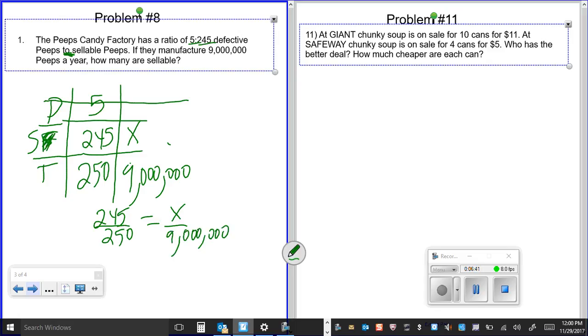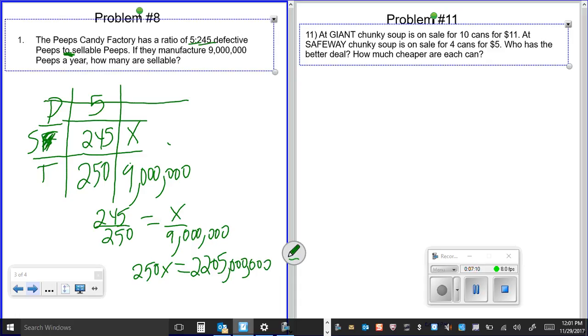What is our X? We do X times 250, which gives us 250X. And that is going to equal 245 times 9 million. That's 6 zeros, 1, 2, 3, 4, 5, 6. That's equal to 2205 followed by 6 zeros.